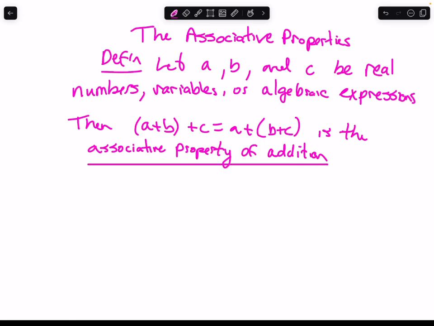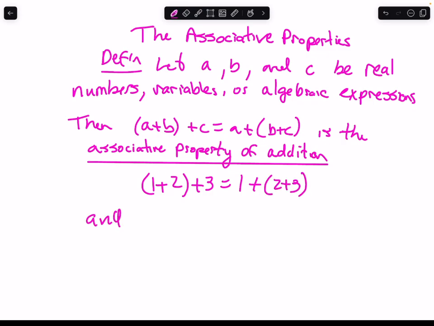In other words, you can group addition in any way you want, and you still get the same result. So 1 plus 2, that quantity, plus 3, is the same as 1 plus the quantity 2 plus 3.